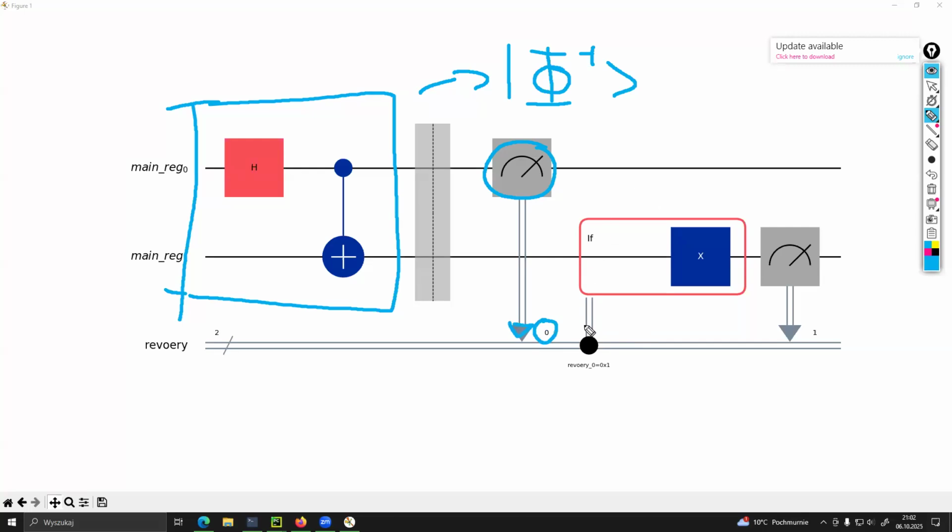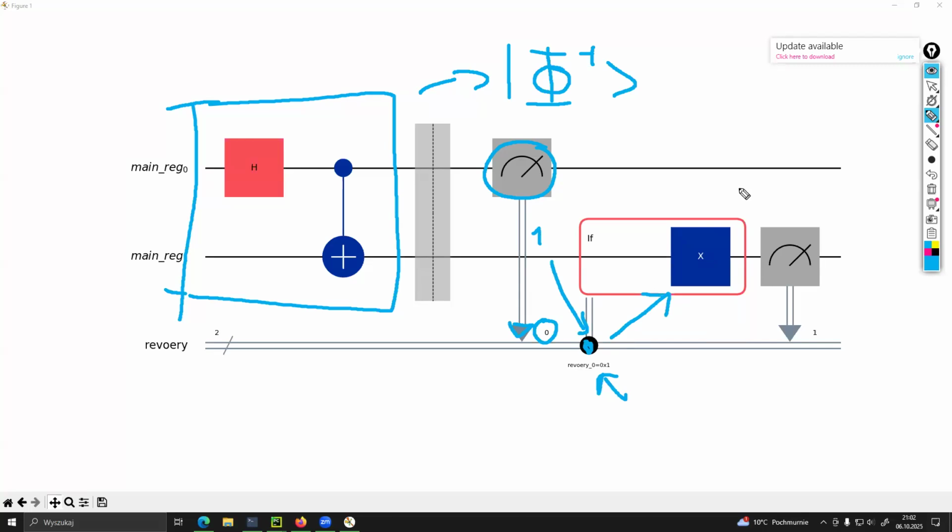And we say that when this bit is 1, this condition triggers. This triggers on the classical received information, on the classical register. So when we have here 1, this X gate executes.